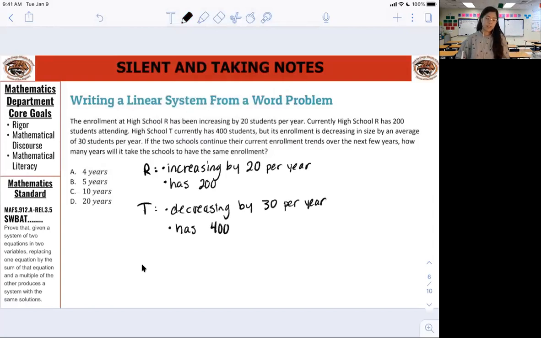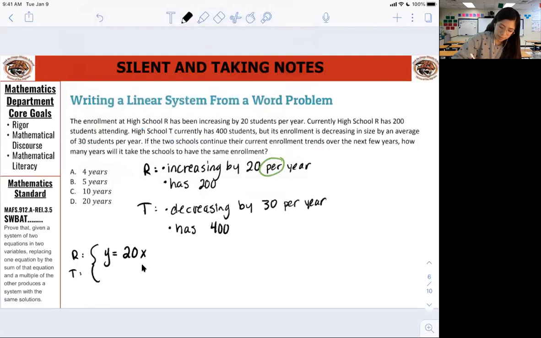Can anyone volunteer to write an equation for me? 20x for R, it equals y equals 20x plus 200. There it is, yeah. 20x, we know that that's the variable because of the word per.